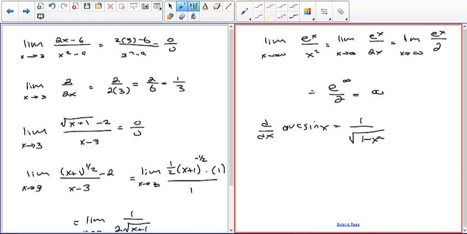We know the integral of 1 over the square root of a squared minus u squared involves the arc sine, so it's not surprising, obviously, that the derivative is what it is.